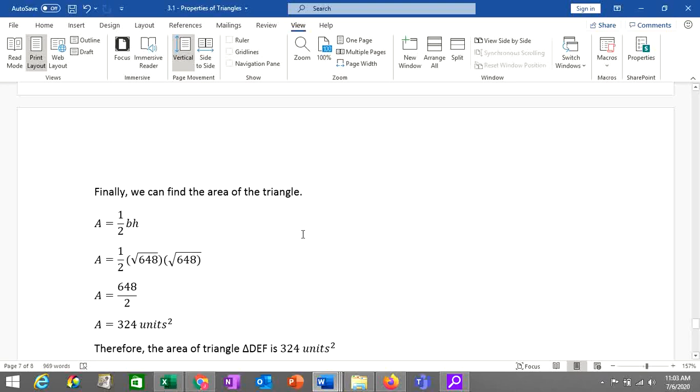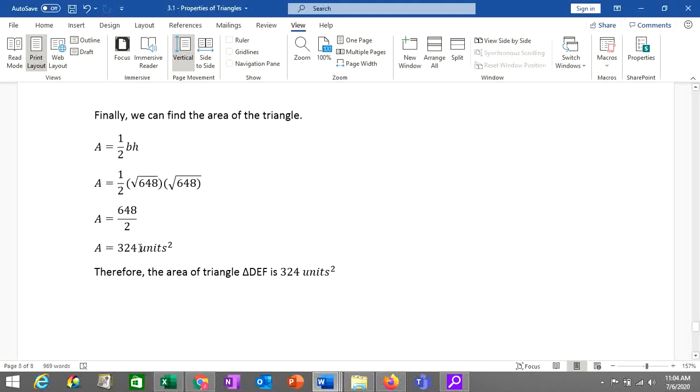So the square root of 4 times the square root of 4 is 2 times 2, which is just 4. Square root of 648 times square root of 648 is 648. So I get 648 times 1, which is 648, divided by 2. And so the area of this triangle is 324 units squared. So it is units, but we know that they're squared units, so you do have to put the 2 there. And then I have my statement.